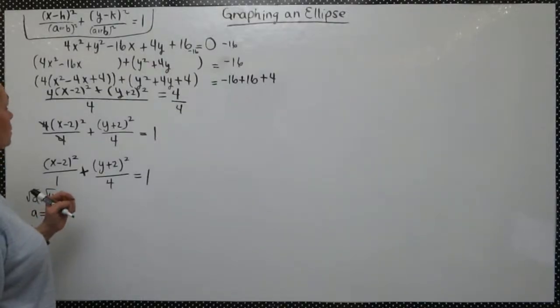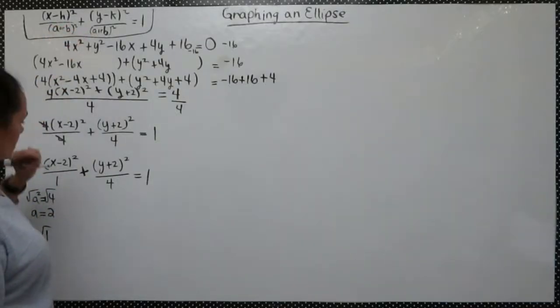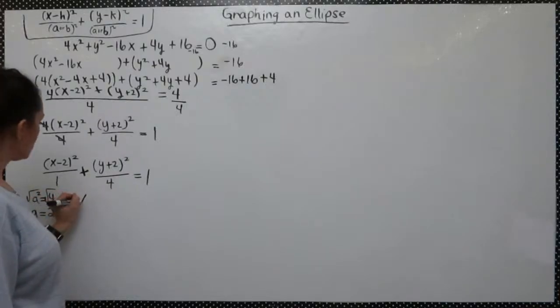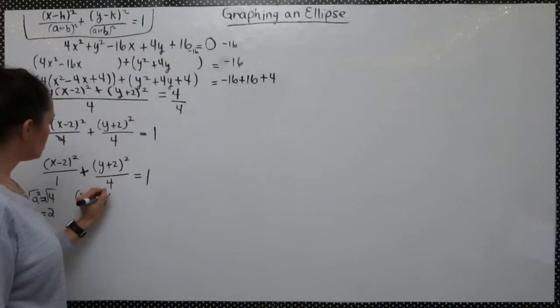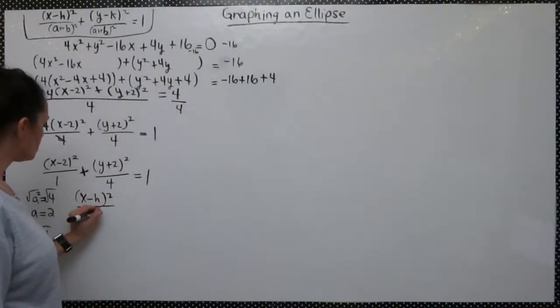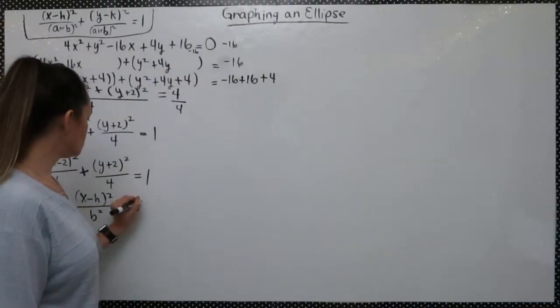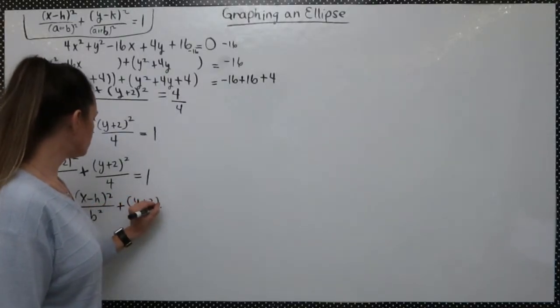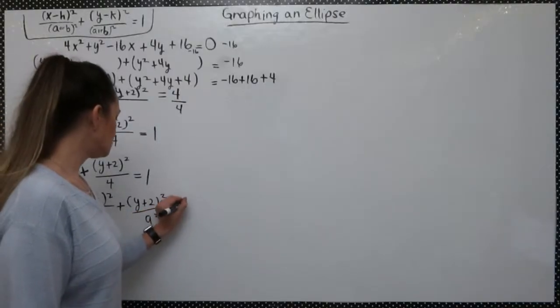And so it's going to be of this form: (x minus h) quantity squared over b squared plus (y plus 2) squared over a squared. And that's going to equal 1.